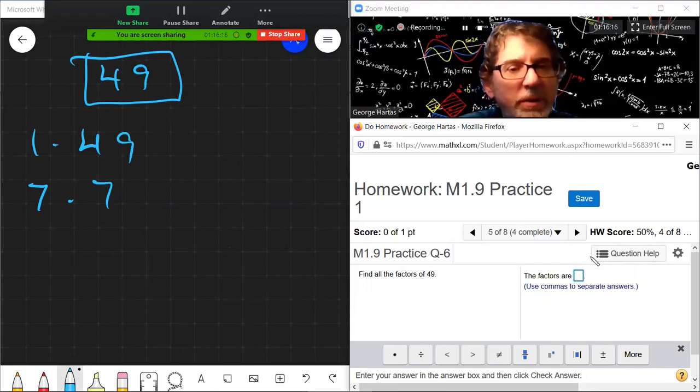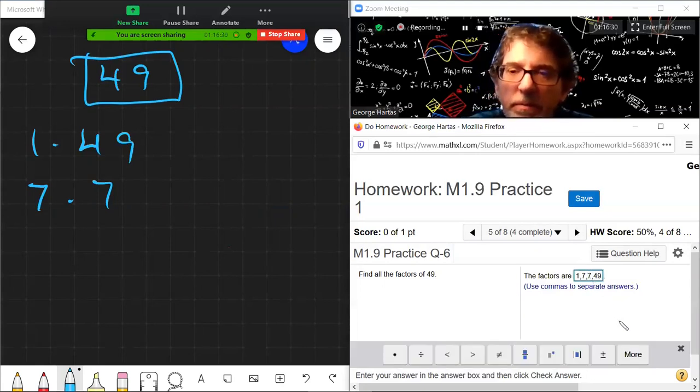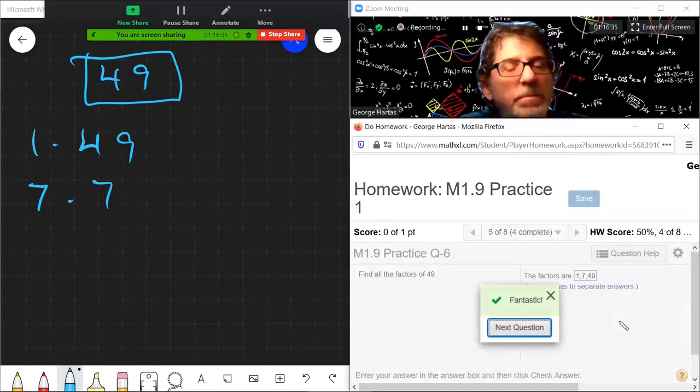So let's see what happens. 1, 7, 7, 49. So I'm assuming they don't want the duplicates. They just didn't mention it. Okay, all right.